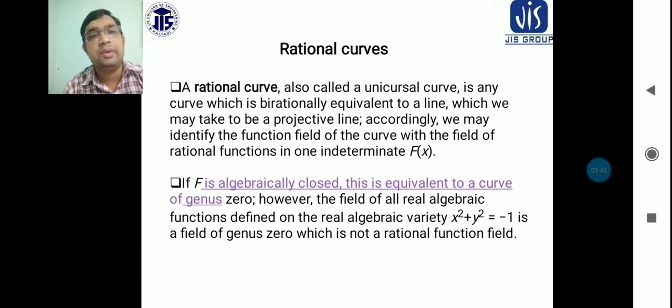If F is algebraically closed, this is equivalent to a curve of genus 0. However, the field of all real algebraic functions defined on the real algebraic variety x squared plus y squared equals minus 1 is a field of genus 0 which is not a rational function field.